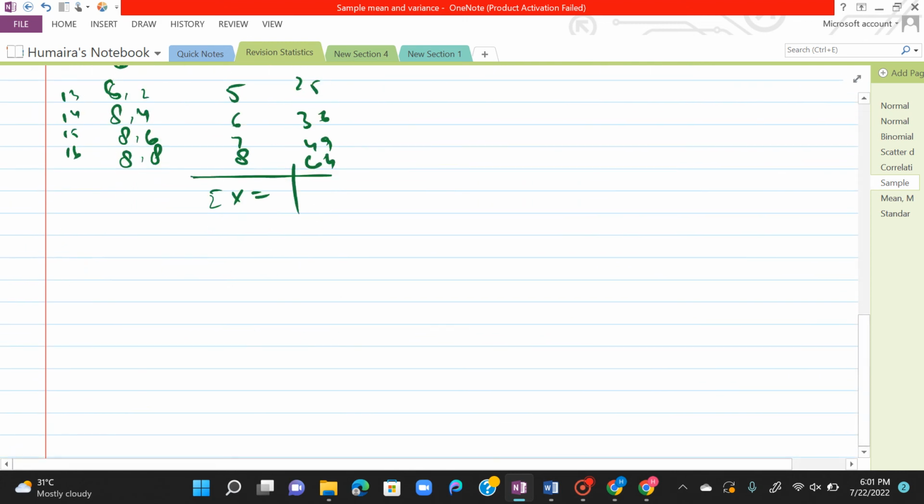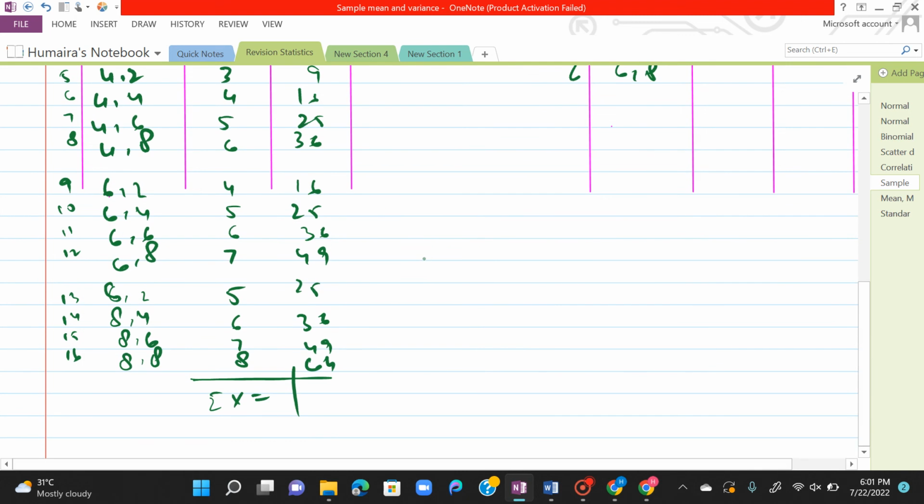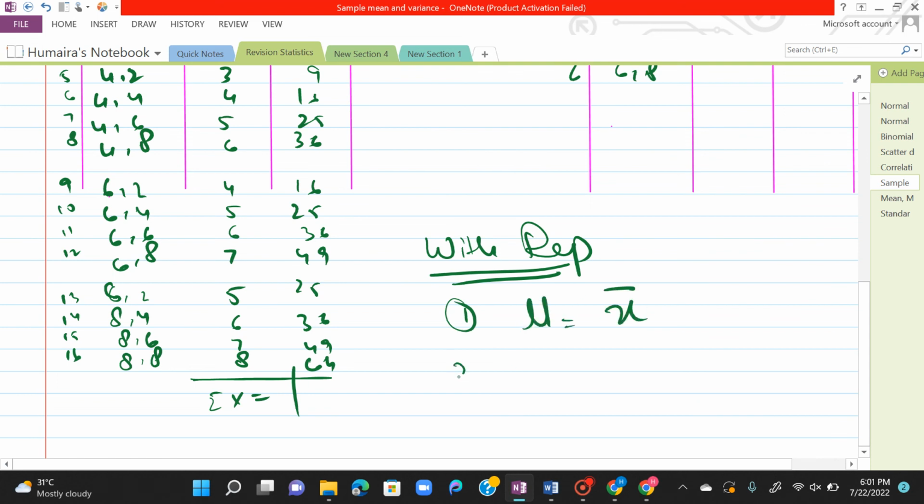How? There are two cases, with replacement and without. For with replacement, the result which needs to be verified is that the population mean should be equal to the sample mean, and that the population variance divided by n should be equal to the sample variance. And how will I find the sample variance?